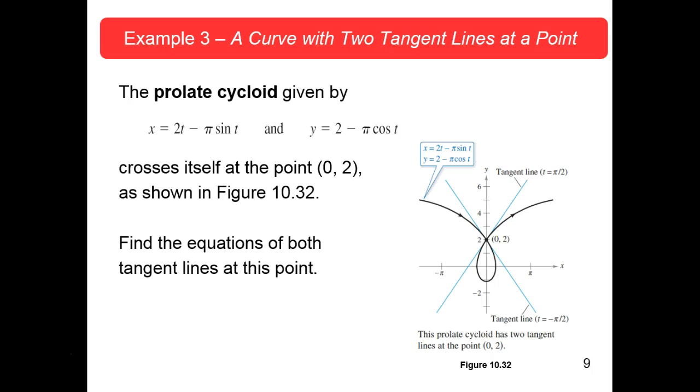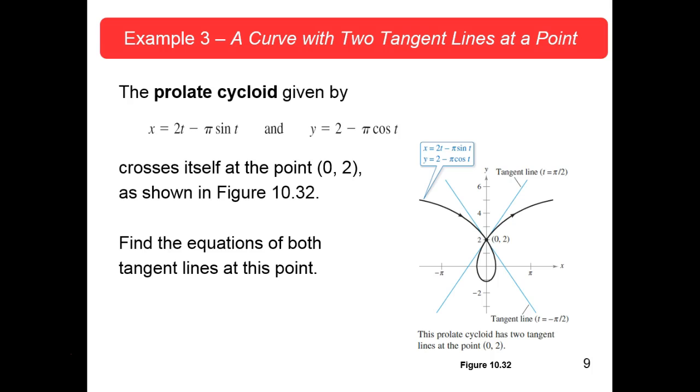At positive pi halves, this would be pi halves. And sine of pi halves is 1. And pi times 1 is pi.